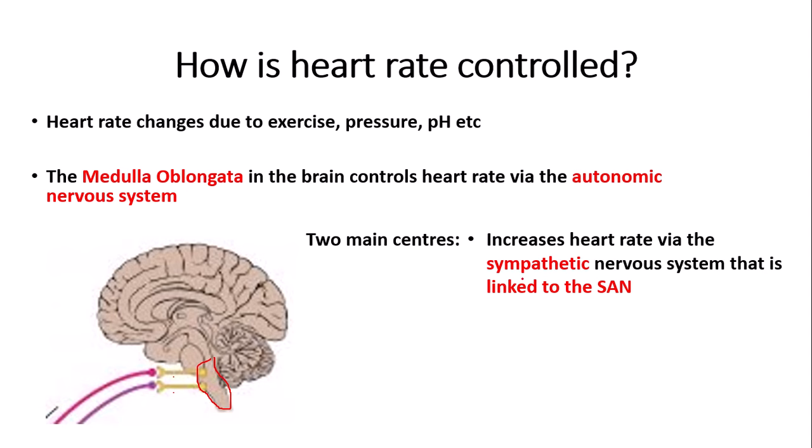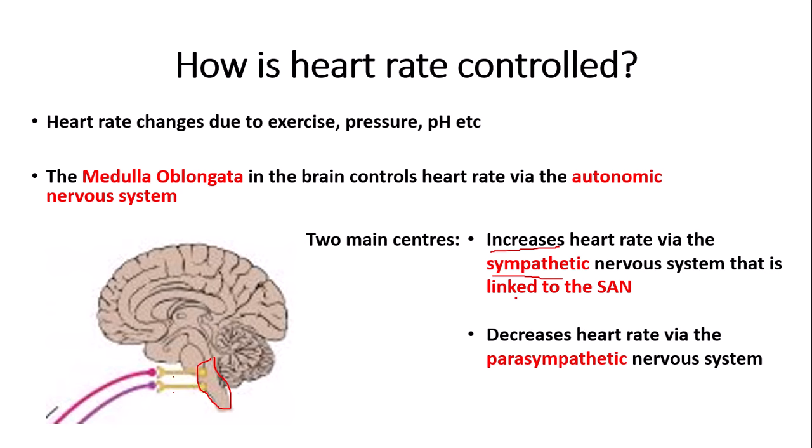So the sympathetic nervous system is part of the autonomic nervous system. So the first center increases heart rate via the sympathetic nervous system that is linked to the SAN. The second center is something that decreases heart rate via the parasympathetic nervous system.